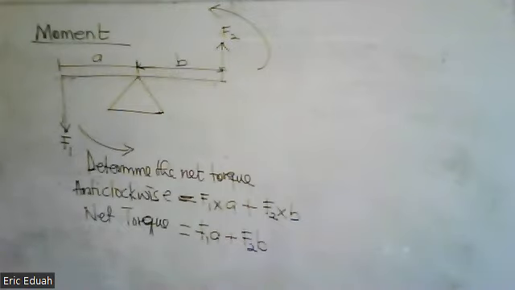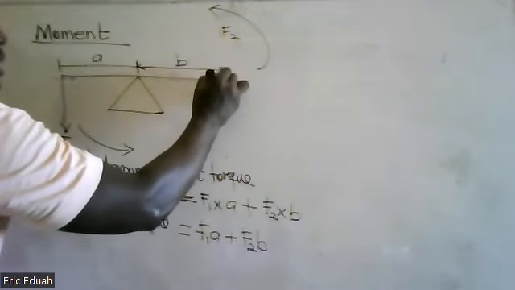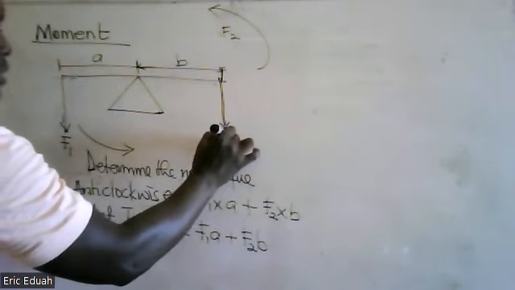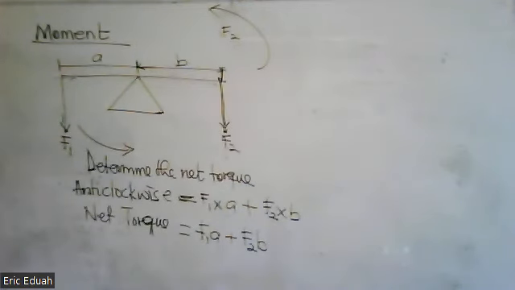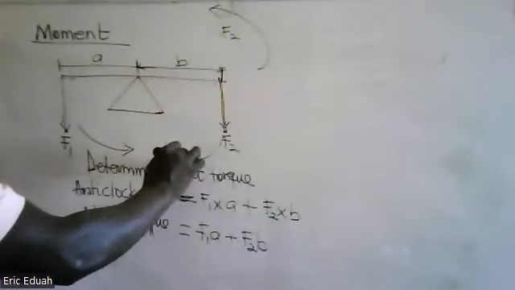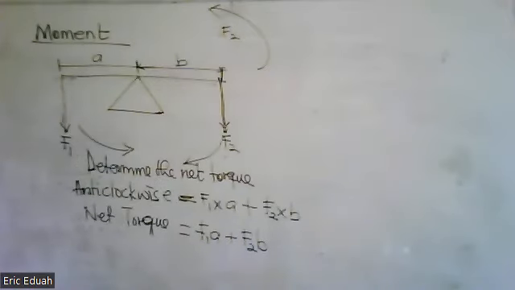Now, let's assume a situation where F2 is acting downwards. If F2 is acting downwards, then what is the direction of F2? F2 acts in a clockwise direction, say downwards.